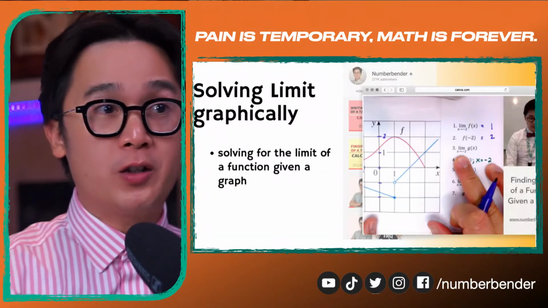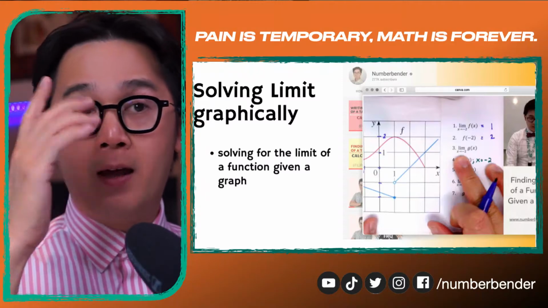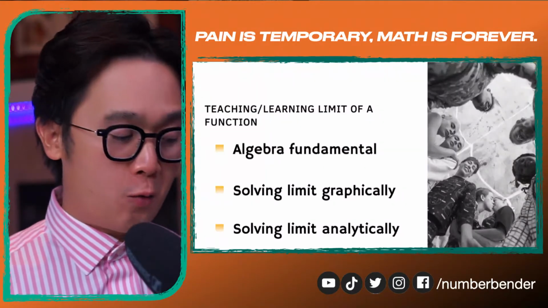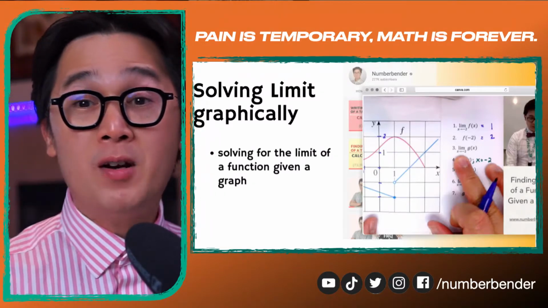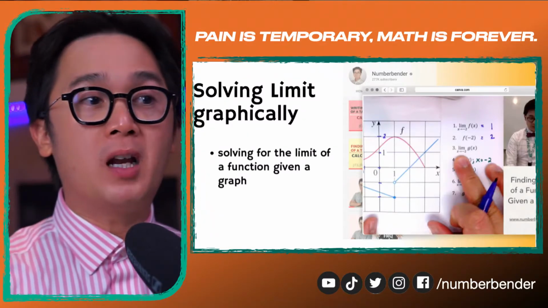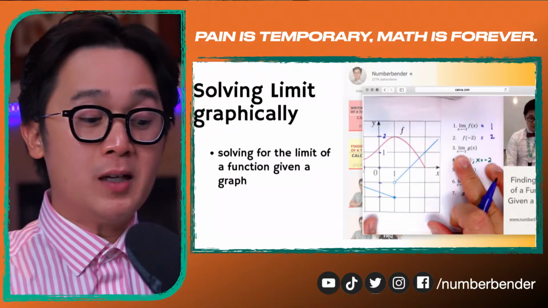So make sure your students understand how to solve limit of a function graphically, so that when we start working with solving limit of a function analytically, it will be a lot easier for them to understand why sometimes limit does not exist.